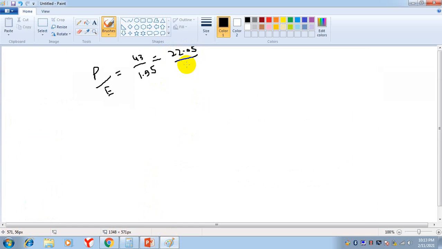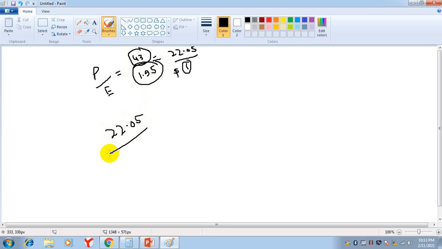So it means for $1 earning, we are paying $22.05. Because when you are purchasing a share for $43, its earning is 1.95. So when we calculate its ratio, it is 22.05.